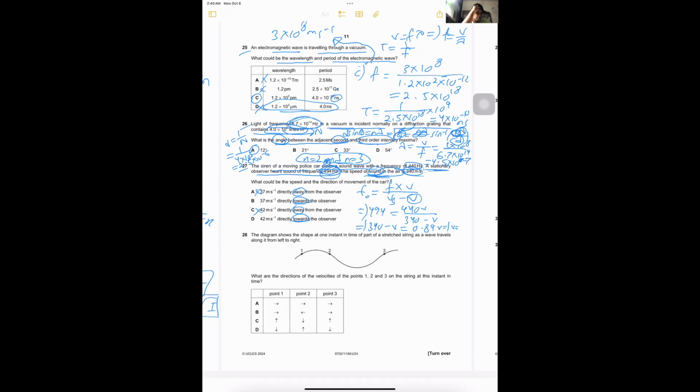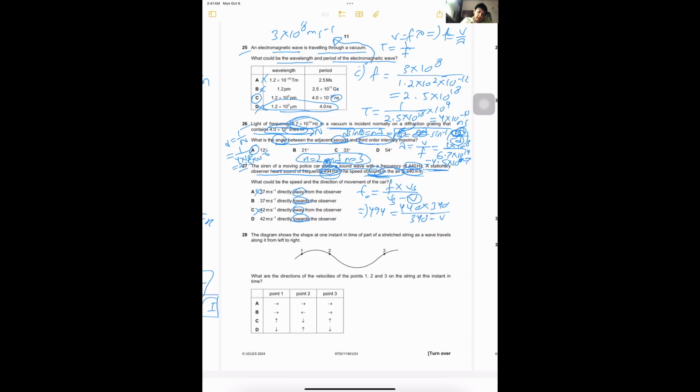One minute. Something isn't right. Oh my god, what have I done? This is also v source. I'm so sorry, this is also v source. So I'll erase this line. And so 440 into 340 by 340 minus v.